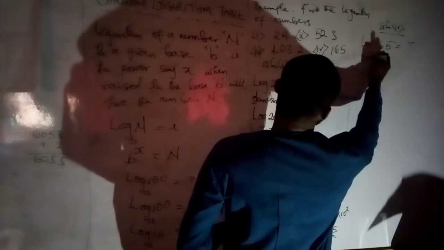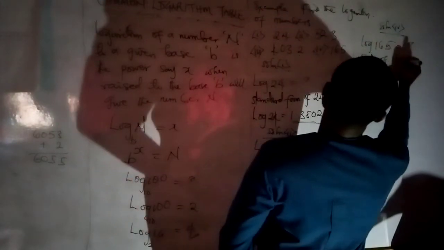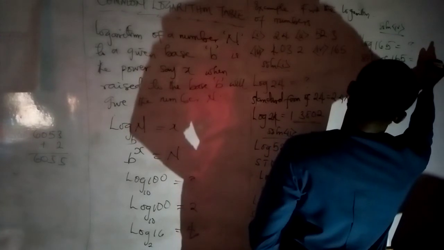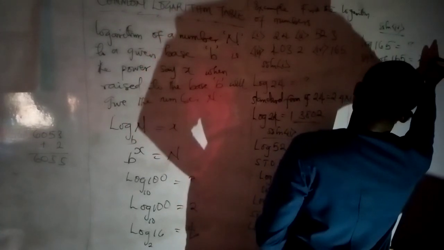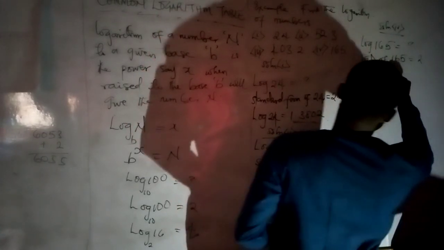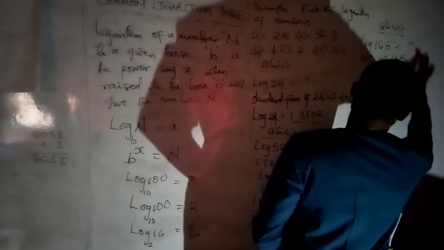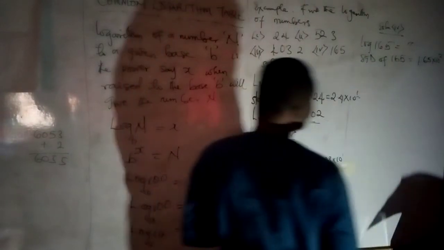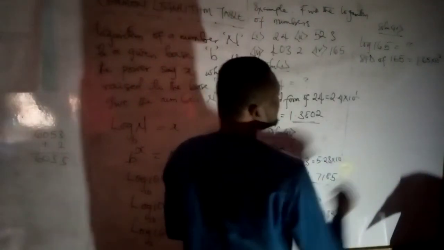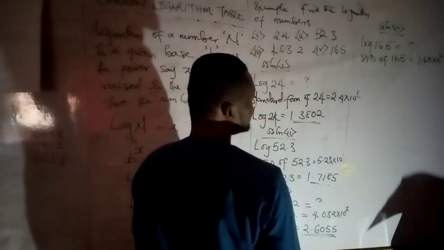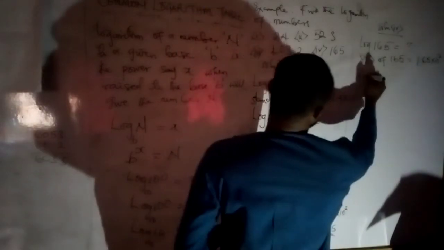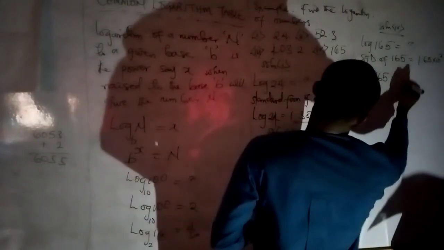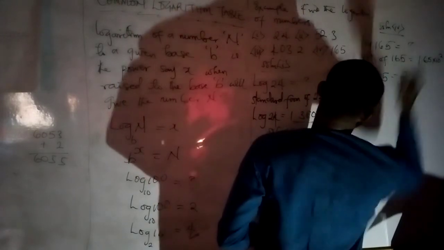The standard form of 165 is 1.65 times 10 raised to the power 2. Okay. Now that power 2 becomes the characteristic. Therefore, the logarithm of 165 is equal to the characteristic, which is 2.